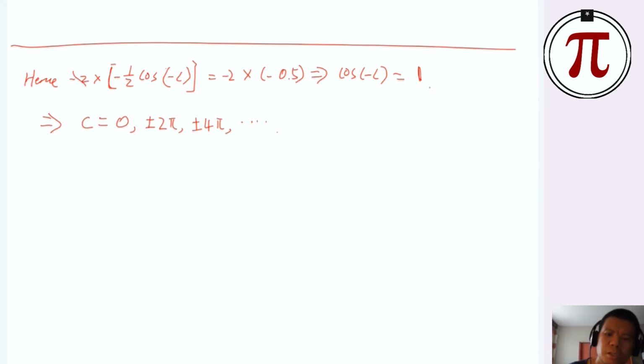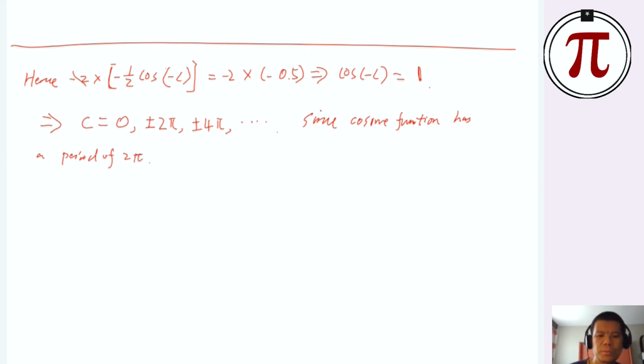Now, since the cosine function has a period of 2 pi, for this one we can just choose the simplest one. Let's say that we just choose c equals 0.